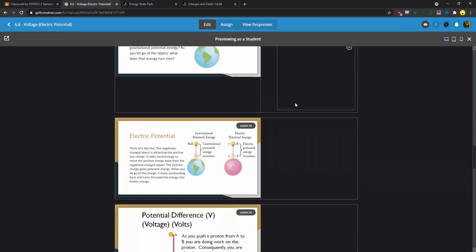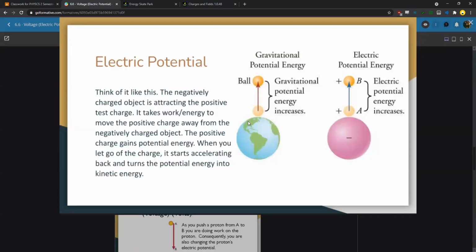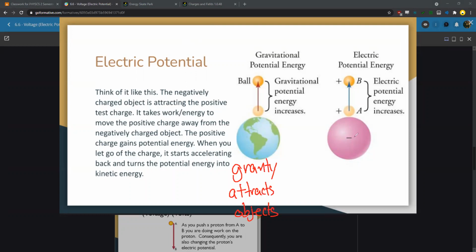Because now what we're going to do is we're going to relate it to electric potential. Think about it, guys. Gravity attracts objects.